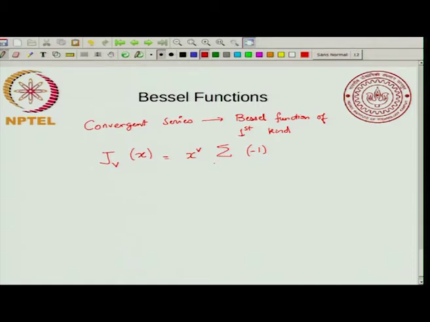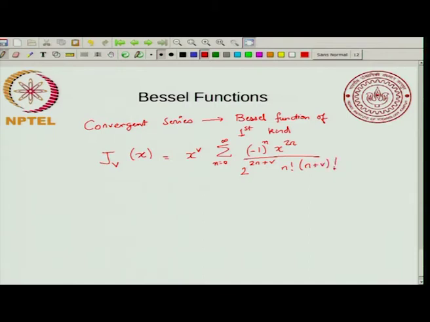This is the sum from n equal to 0 to infinity of (minus 1) raised to n, x raised to 2n, divided by 2 raised to (2n plus v), and then you have n factorial and (n plus v) factorial.